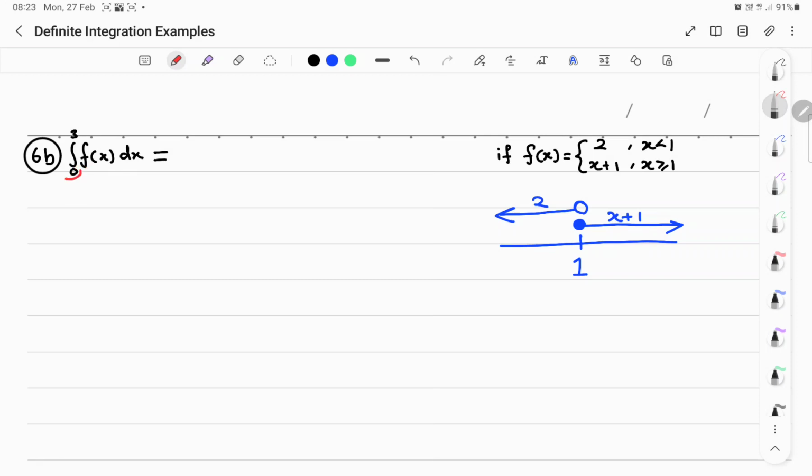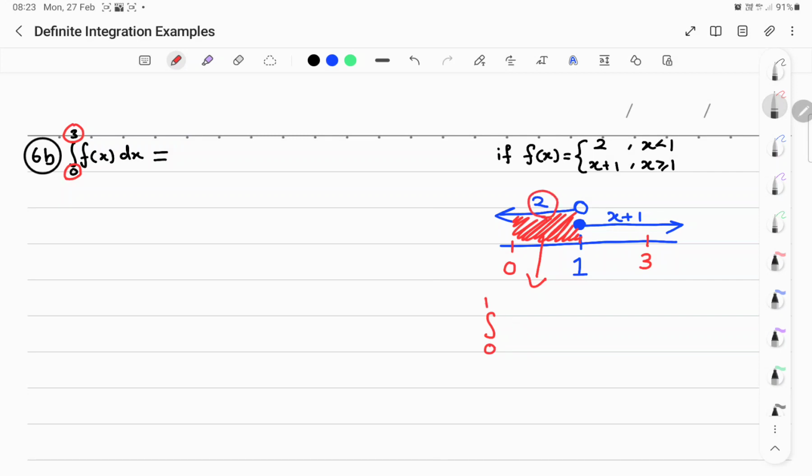Then let's have a look at what integration we need. We want to integrate from 0 to 3. Now we know 0 is on the left-hand side of 1 and 3 is on the right-hand side of 1. So when we shade the integration involved, let's shade the first one. As we can see here, this is integration from 0 to 1.